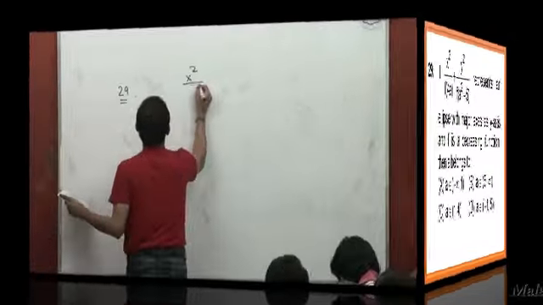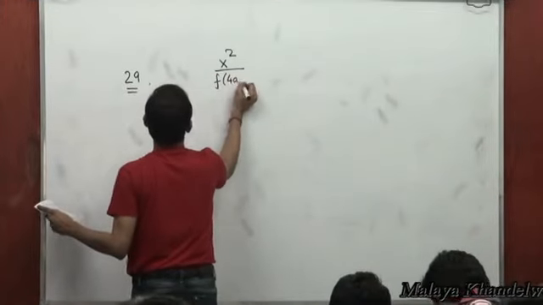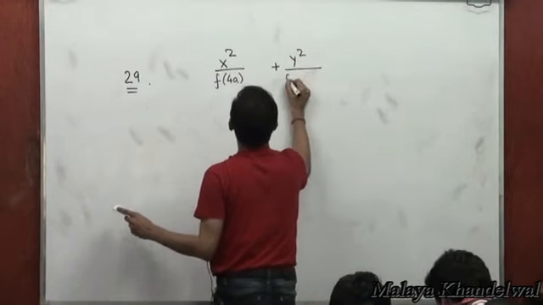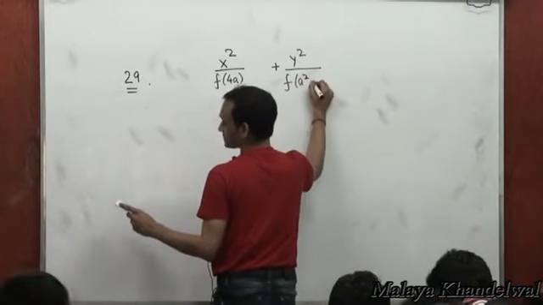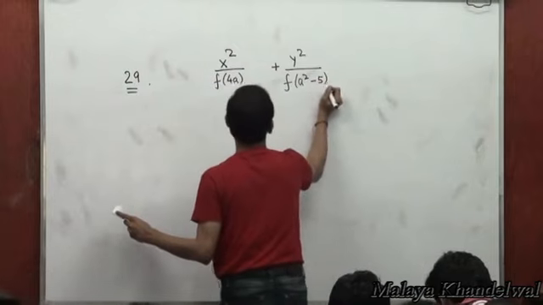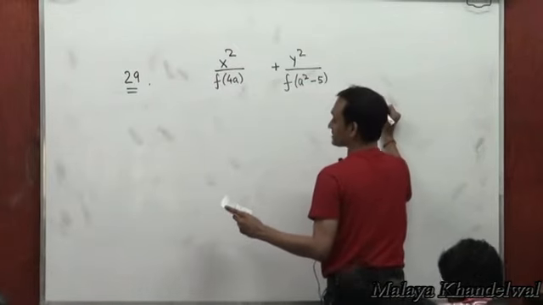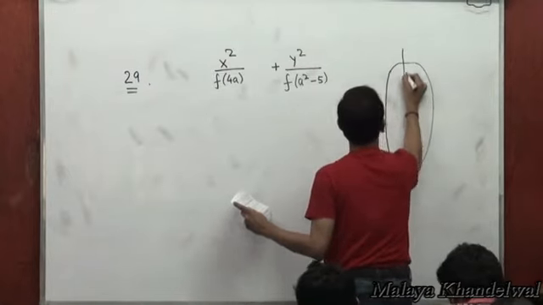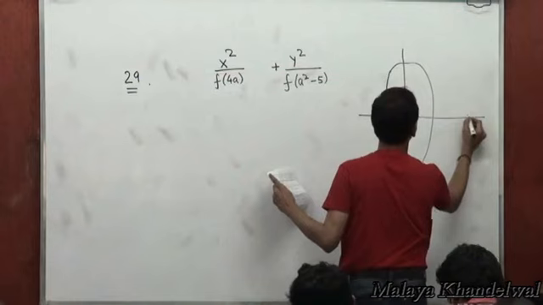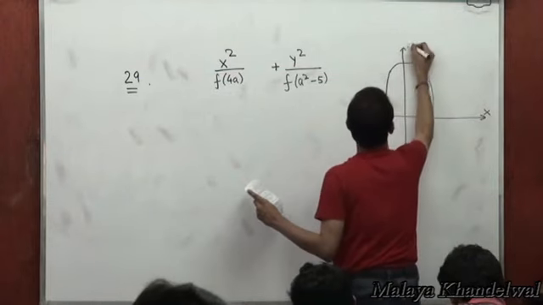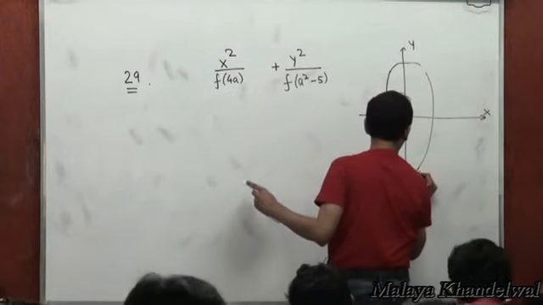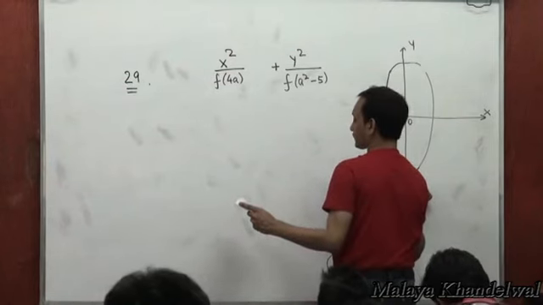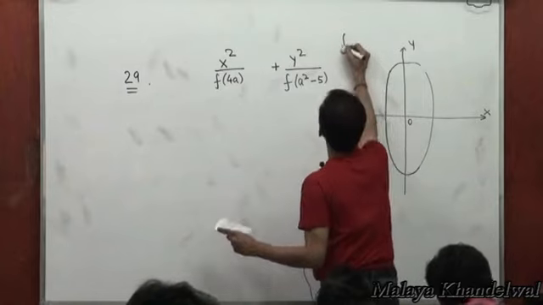x squared by f of 4a plus y squared by f of a squared minus 5 represents an ellipse with major axis as the y-axis, and f is a decreasing function of x.